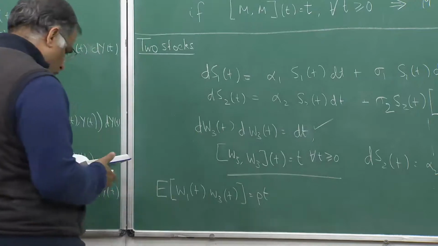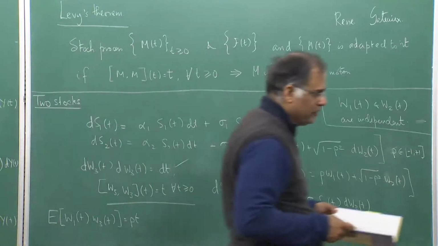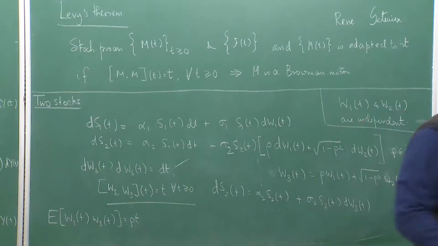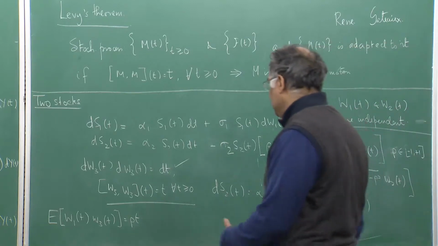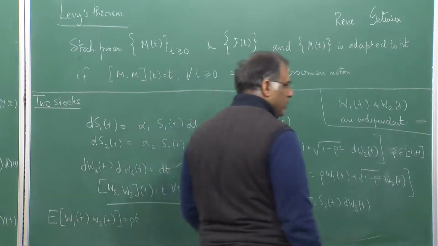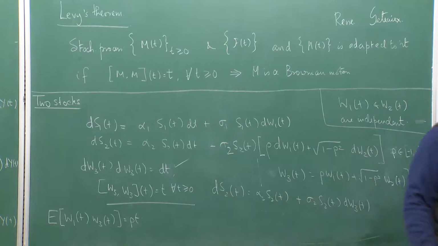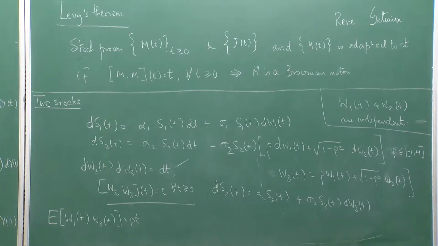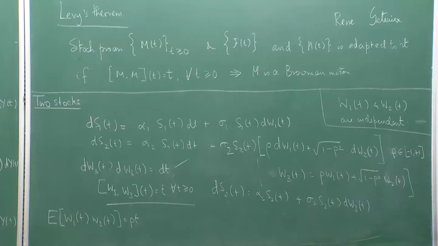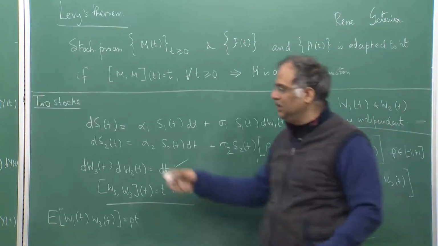So for all t greater than or equal to 0, you have a non-zero covariance. So there is a relation between this and this.